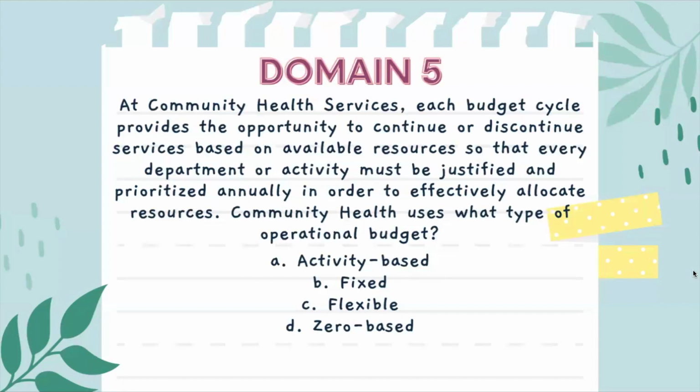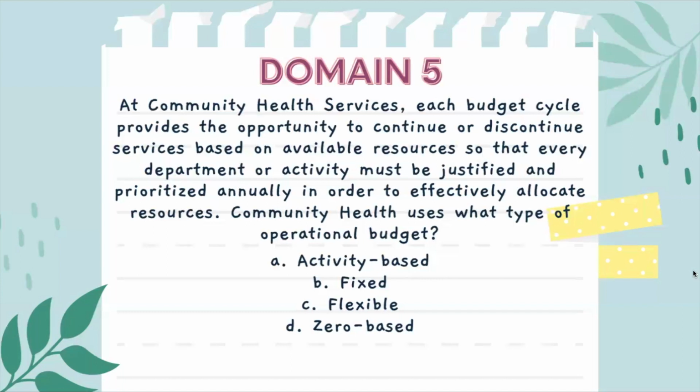There's this consistent moment where their budgets or their resources or their needs have to be justified and prioritized in order to receive funding. The only option on this list that fits that description would be D, zero-based. So we know B is definitely not going to be the answer.